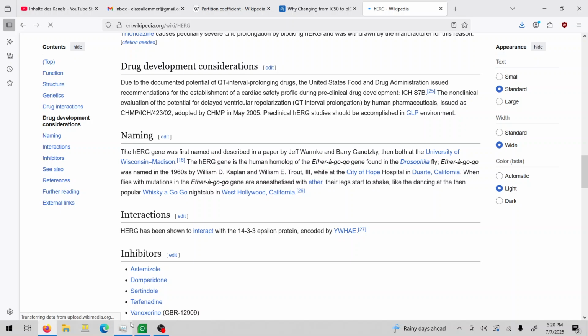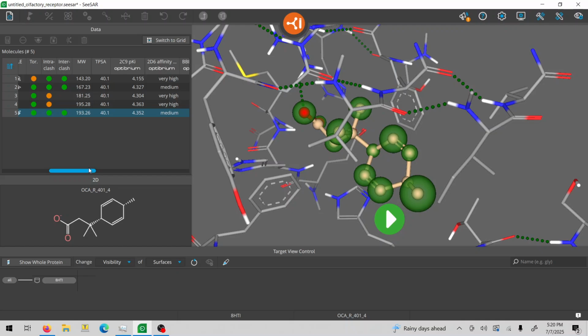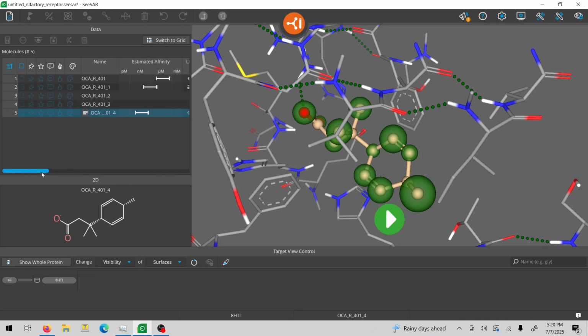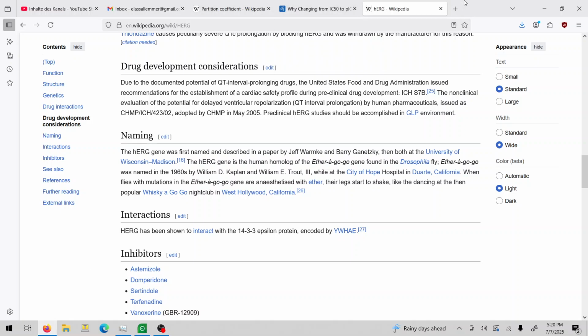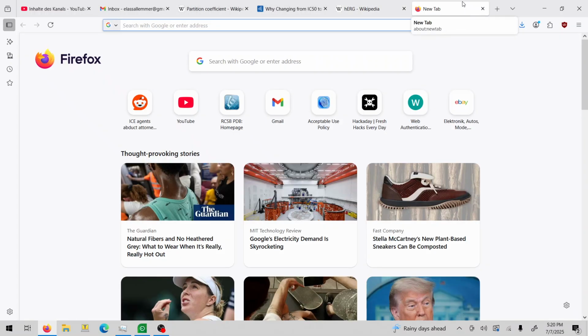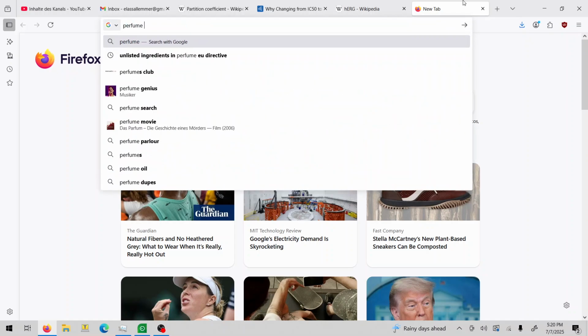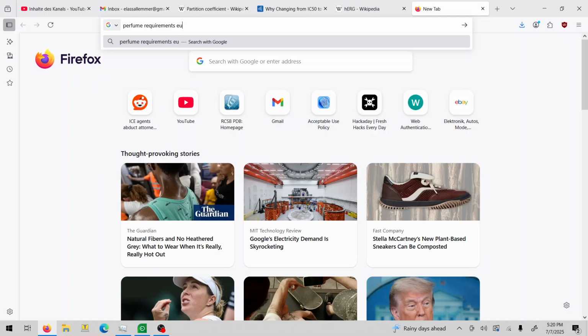But what if we just ignored this for a moment and manufactured this and thought, hey, just put it in a perfume. And you're thinking, wait, don't perfumes need clinical trials? Nope. Perfume requirements, EU.